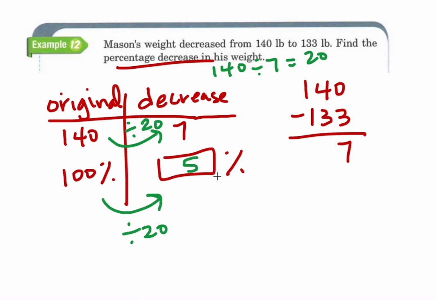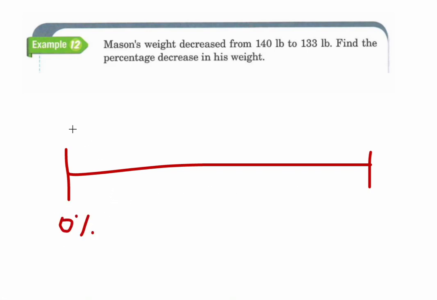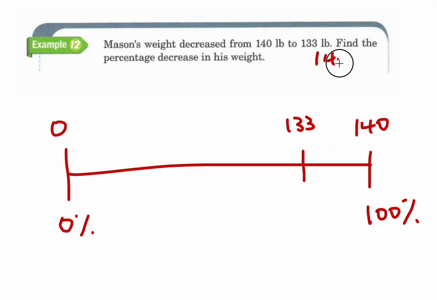Okay. And again, you can also use a double number line for problems like these. Let's see, 0%, 0 pounds. You went from 140 pounds down to 133 pounds. So his original was 100%. You could do the same thing. What's 140 minus 133?